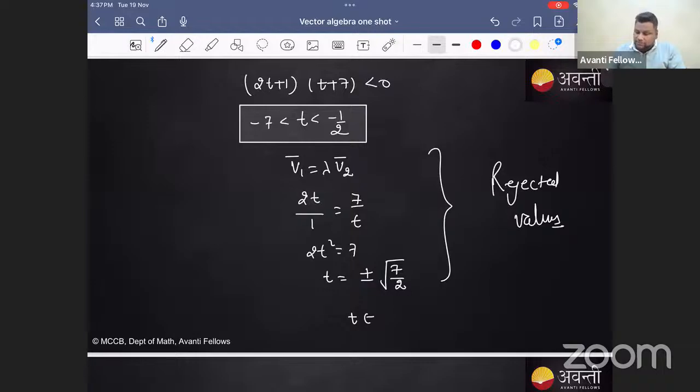Your t belongs to minus 7 to minus 1 by 2, excluding minus root of 7 by 2. Got it? Rest all the values are neglected. Got it?